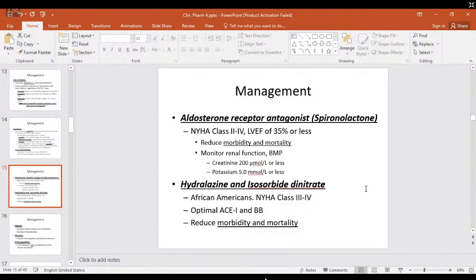And in the US, in African Americans especially, it was shown that for those who were NYHA class 3 and class 4 and who were also taking an ACE inhibitor and a beta blocker, this combination of hydralazine and isosorbide dinitrate was shown to reduce morbidity and mortality.